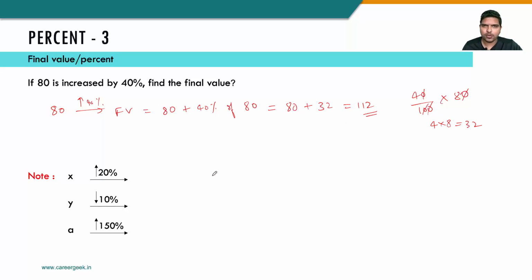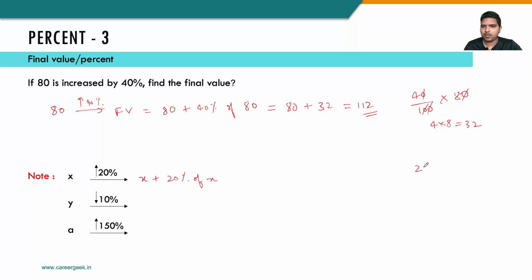So most of us know this already. If they ask, let's say, 80 is decreased by 30%, we calculate 30% of 80 and subtract it from 80, right? Similarly, for any variable, let's say x is increased by 20%, what will be the final value? x plus 20% of x.